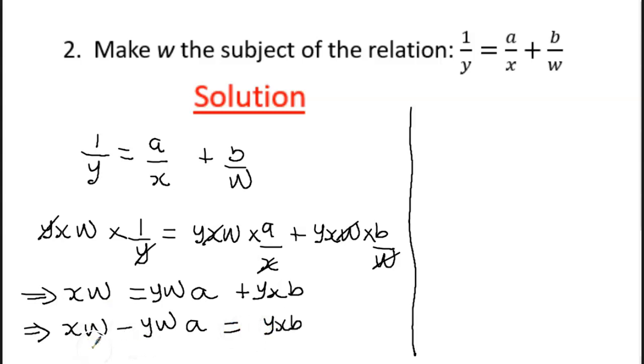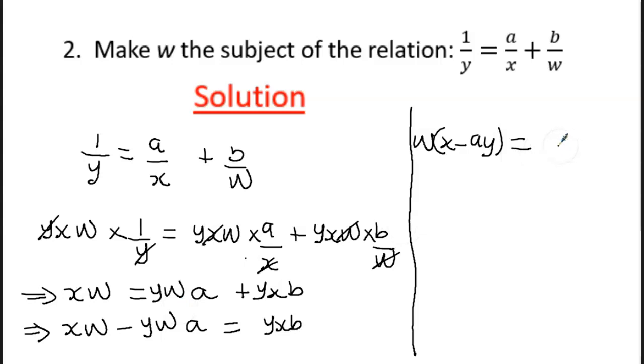So we factorize w. We bring w out, w bracket open, x minus a y.